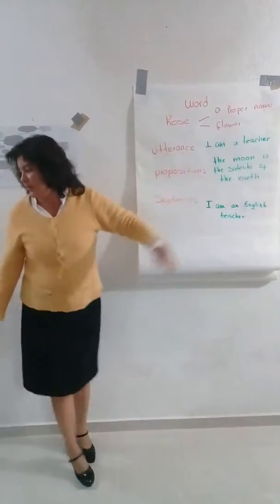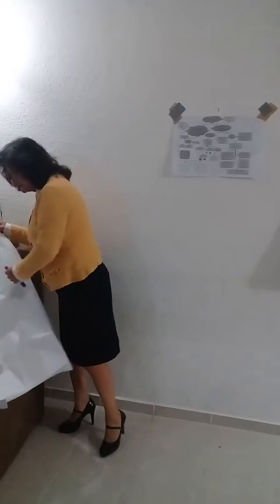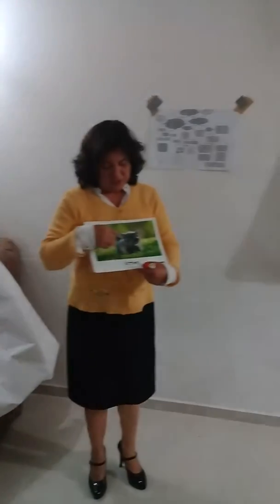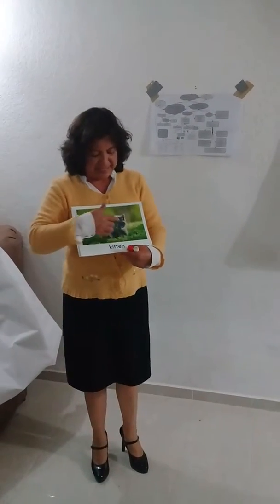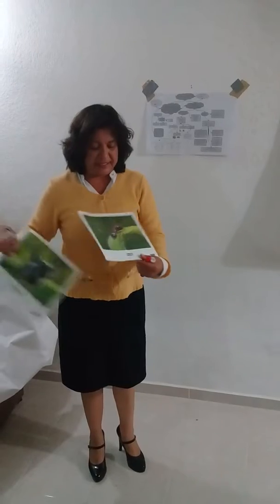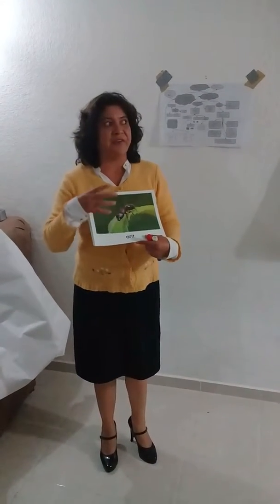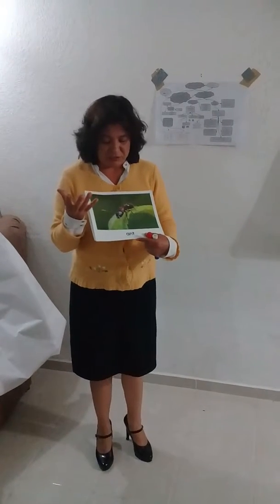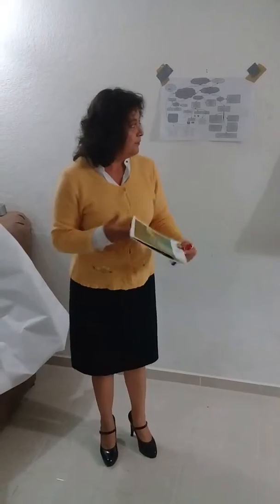It is true. Or talking about the picture of the cat, it is true that all the kittens have whiskers. In the case of this picture, I can express the ants are big insects, which is false, because we know that all the ants are small.